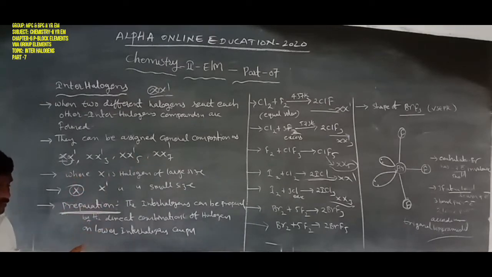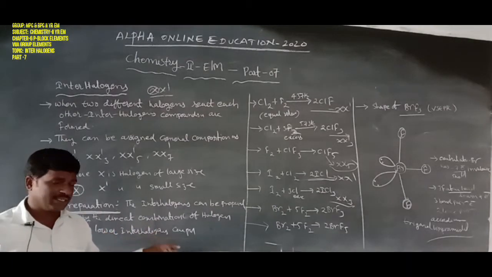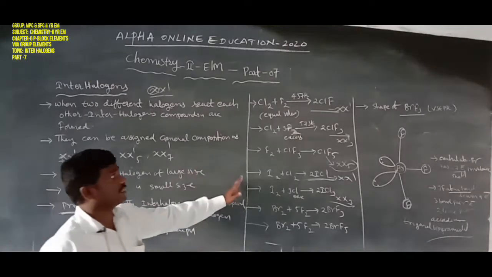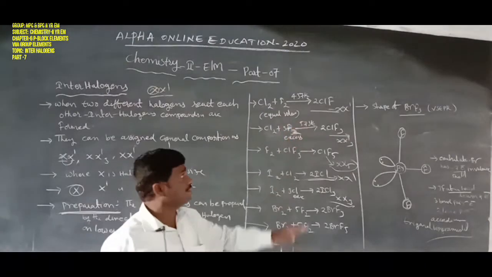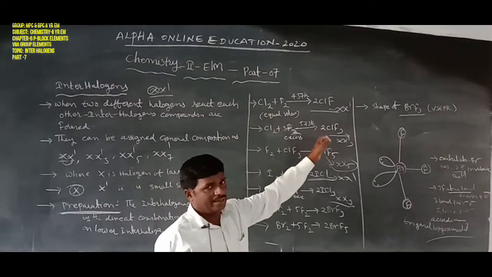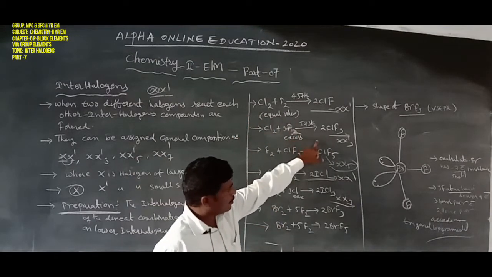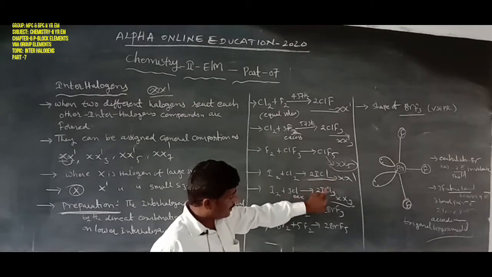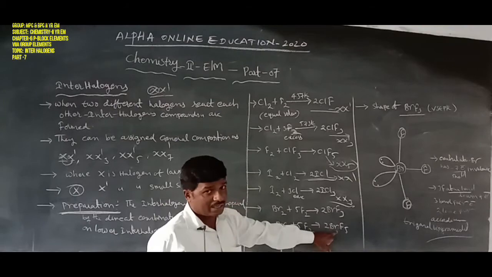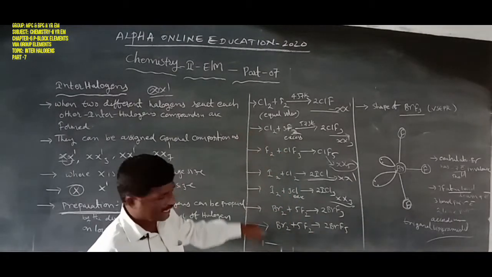Those interhalogen compounds can be prepared by the direct combination of the halogens, like Cl2 combining with fluorine at 437 kelvins to form ClF. The XX-1, XX-3 and XX-5 types of interhalogen compounds can be prepared by these reactions.